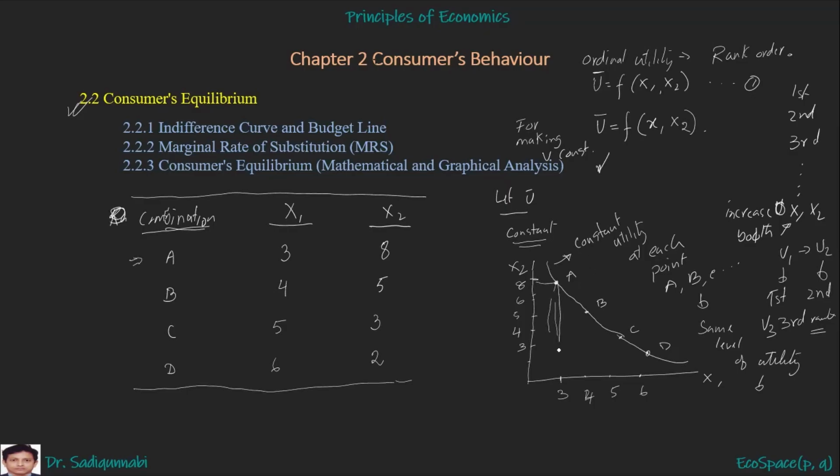3, 8, 4, 5, then 5, 3, and then 6, 2. So as we move, you are going to decrease the consumption of good x2 if you want to increase x1. So this is called sacrifice.